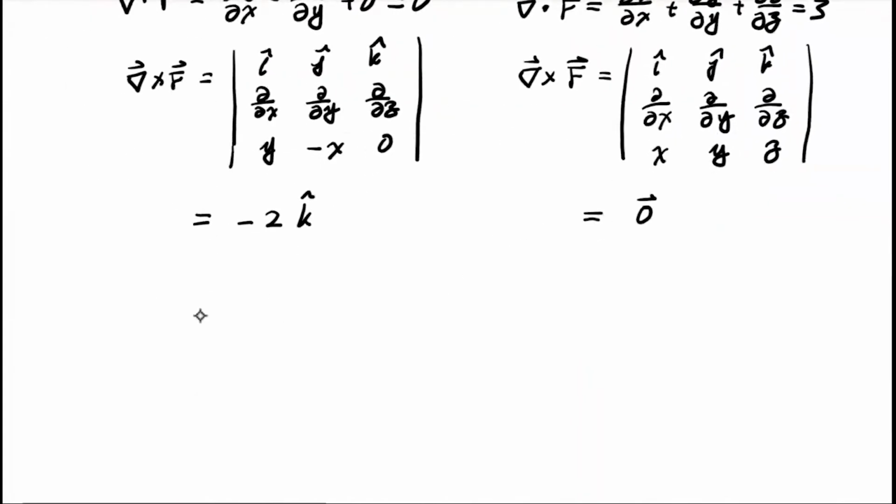Okay, so curl. Divergence is a lot easier to feel than curl, okay? But a little thing about curl that I have to mention is this. Say there's a vector field that looks like this.